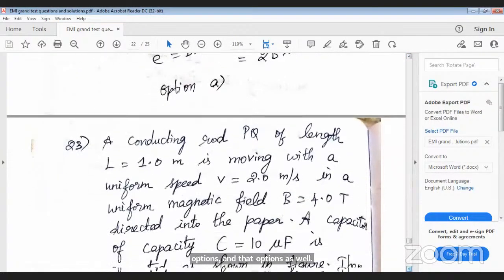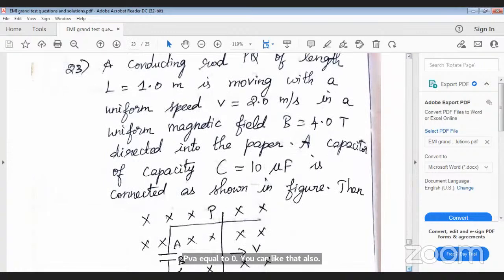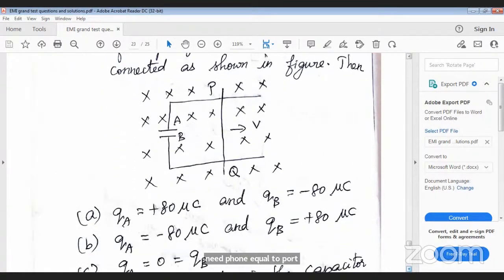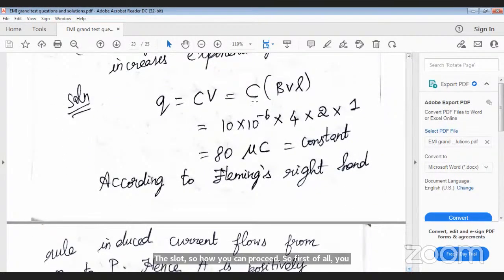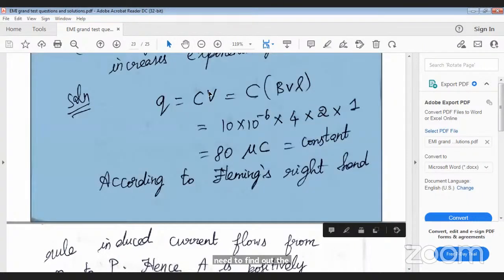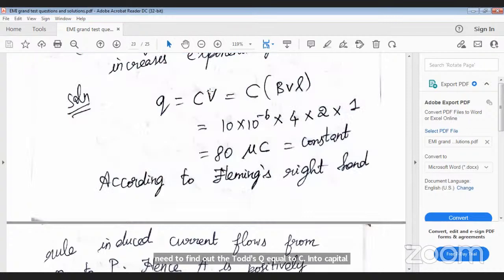So a conducting rod PQ of length L equal to 1 meter is moving with a uniform speed V in a uniform magnetic field B equal to 4 Tesla directed into the paper. How can you proceed? First of all, you need to find out the charge Q equal to C into V. You know this formula very well, because C equal to Q by V. Here V is nothing but BLV, that is the EMF.